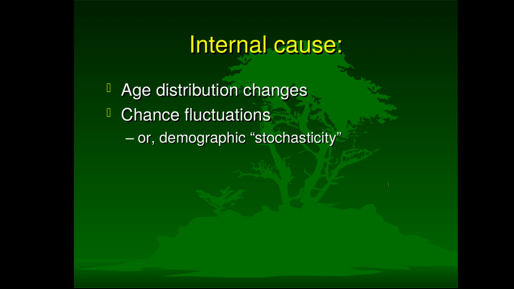Chance fluctuations due to sampling error can also cause variation in population density, but this effect is observable mainly in small populations. And this type of variation is called demographic stochasticity. Demographic stochasticity can cause extinction in small populations; it is the main worry in small populations.